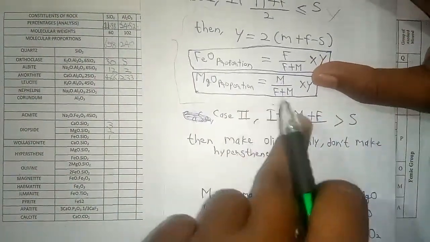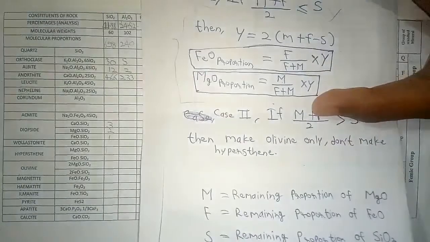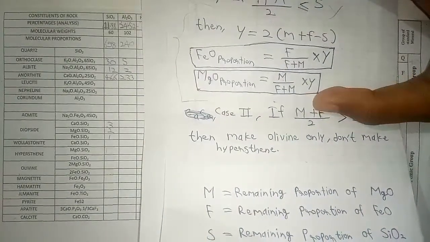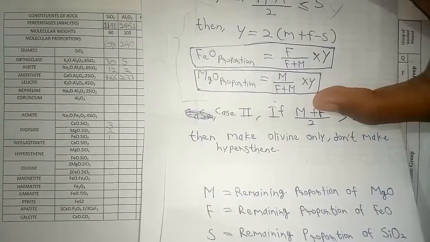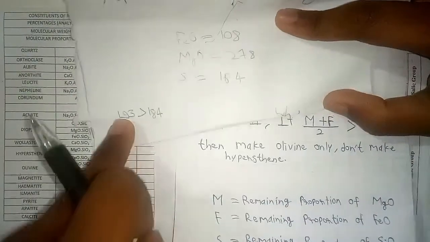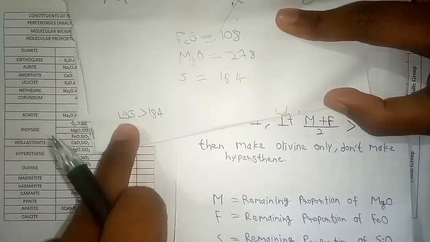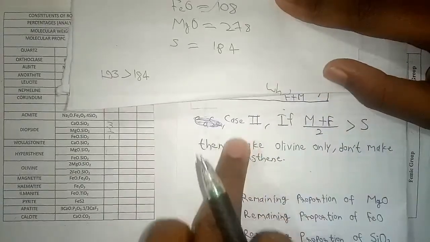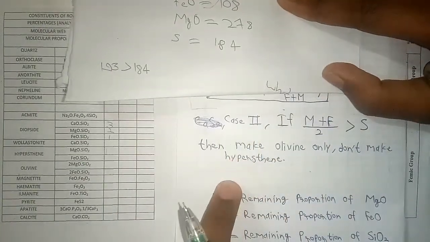So this satisfies our case number 2. It says if m plus f upon 2 is greater than s, then you have to make olivine. As you can see, m plus f upon 2 is 193 and s is 184, so it is clearly greater. So here case 2 will be applied and we will make only olivine, no hyperstene.